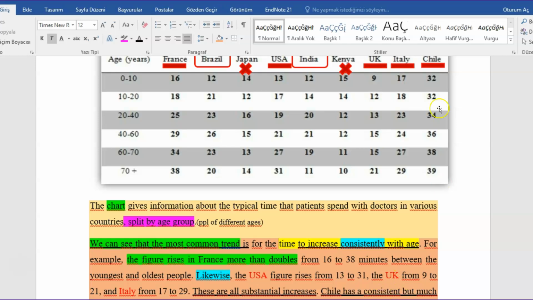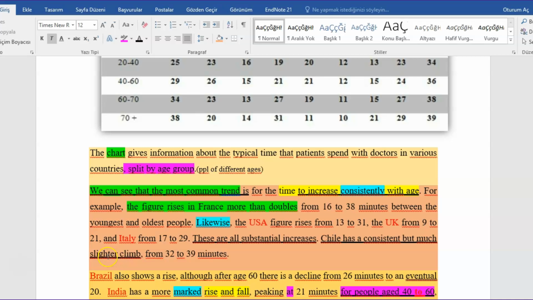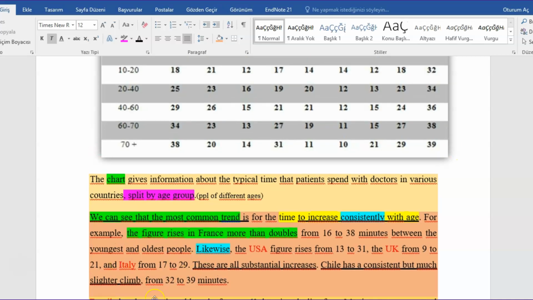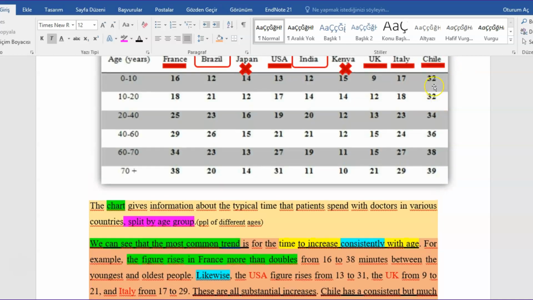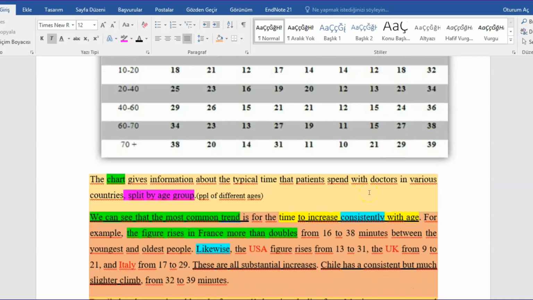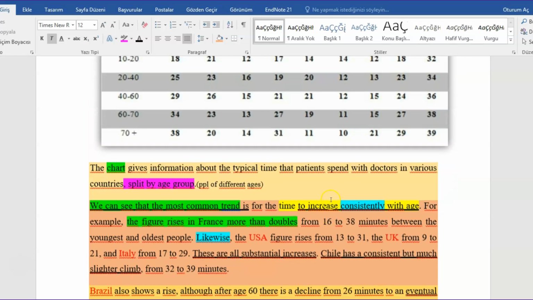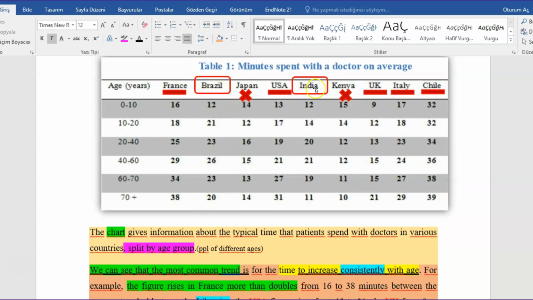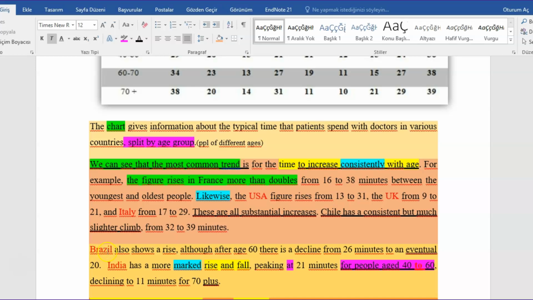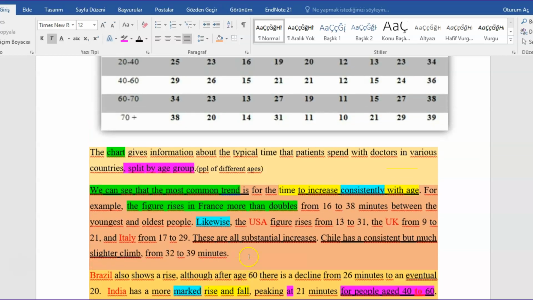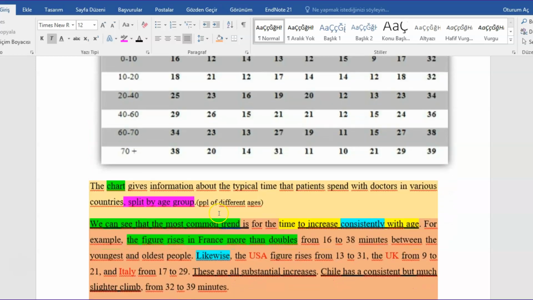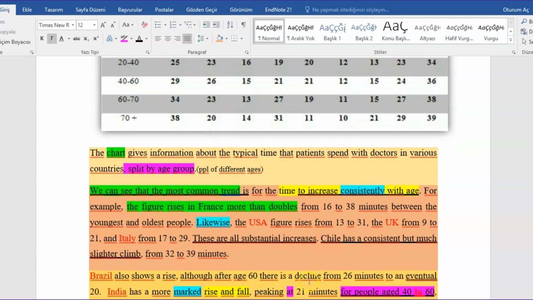Chile has a consistent but much slighter climb, not a significant one, from 32 to 39 minutes. That was great. We are now going to talk about Brazil and India. Brazil also shows a rise, although after age 60 there is a decline from 26 minutes to an eventual 20.